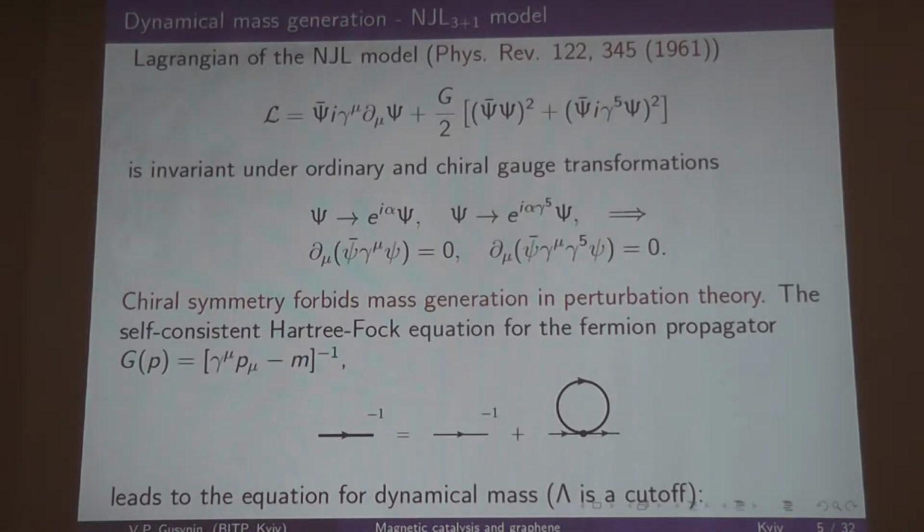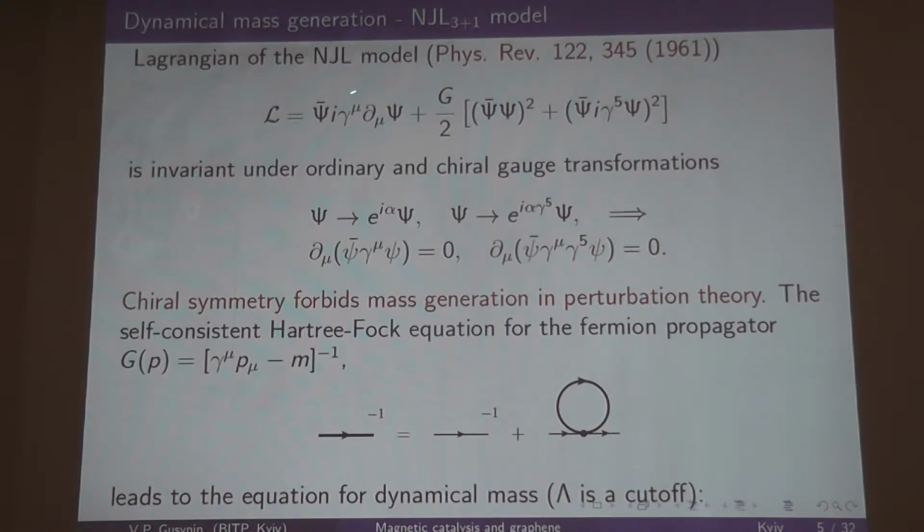Now, let us consider how mass generation works in this Nambu–Jona-Lasinio model. Nambu and Jona-Lasinio wrote such a Lagrangian, which contains four-fermion interactions.